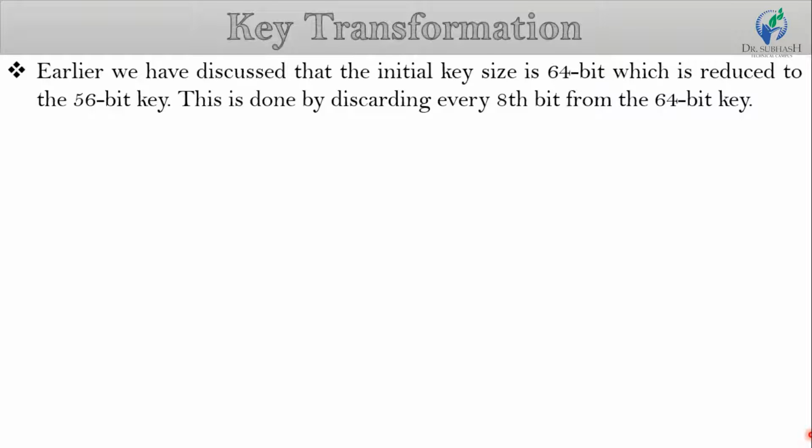This is done by discarding every 8th bit from the 64-bit key. So for each round of DES, this 56-bit key is used. In the key transformation step, this 56-bit key is transformed to a 48-bit key. Let's see how this is possible.